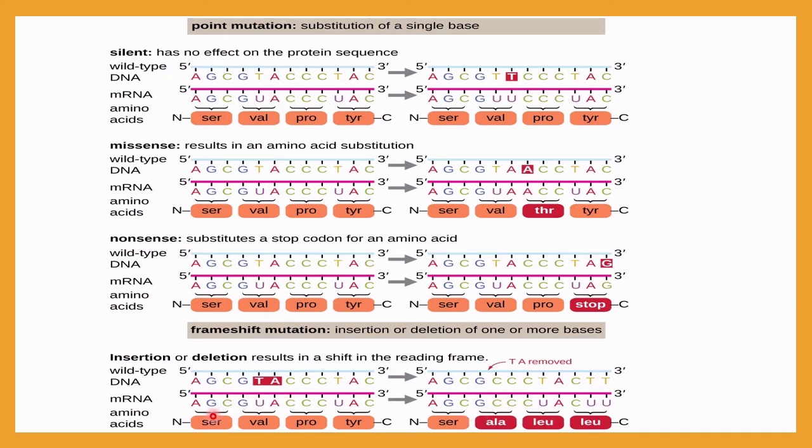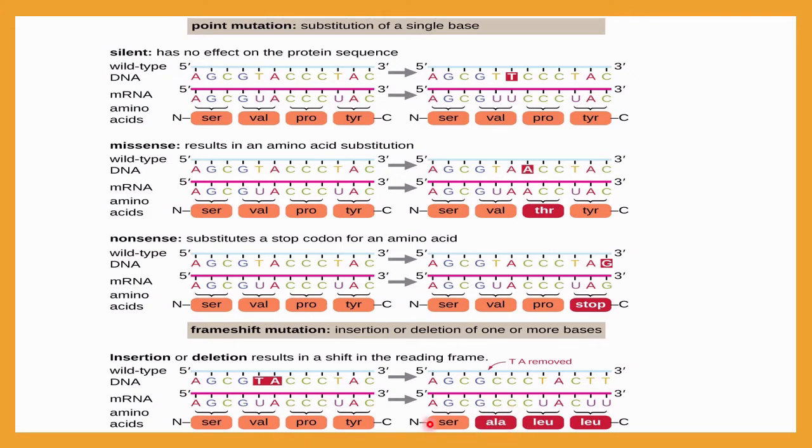I already told you three nitrogen bases are read together. So here AGC is there, then GUA. But due to deletion of TA, AGC is as it is, but instead of GUA it becomes GCC, and as a result, instead of valine, alanine will be joined.